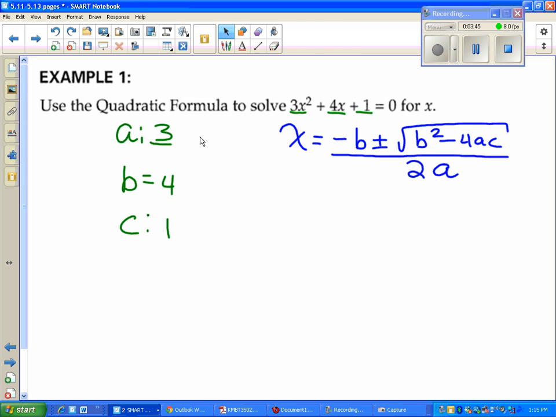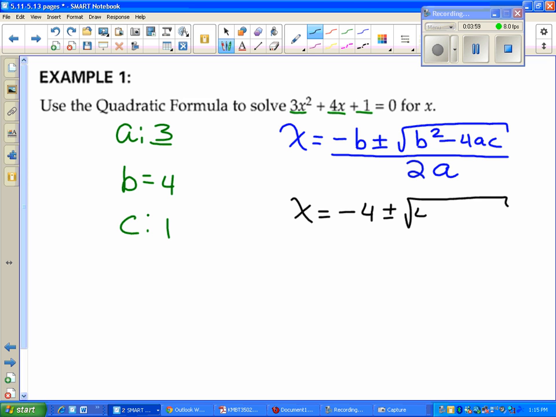As the math teacher, the first thing I'm going to tell you to do is plug in those three numbers. Do not evaluate anything, just plug it in. X equals negative 4 plus or minus the square root of 4 squared minus 4 times a, which is 3, times c, which is 1, all over 2 times a, which is 3.